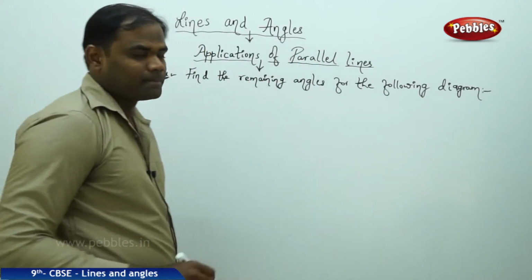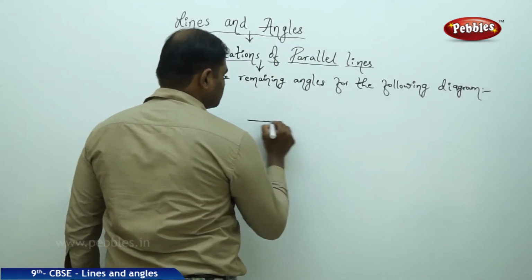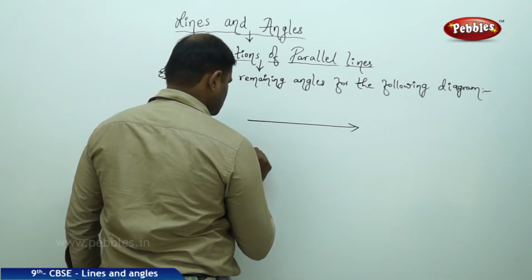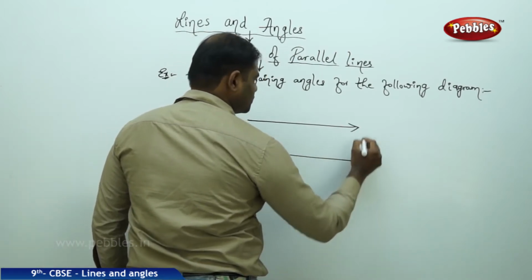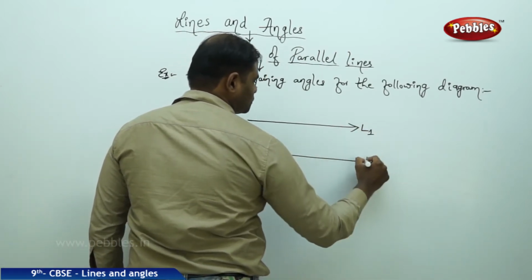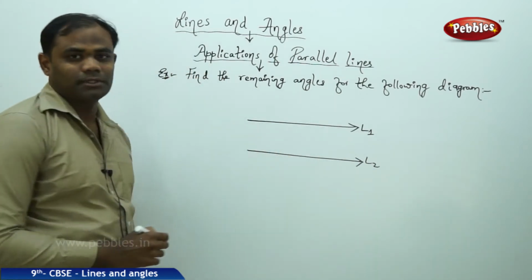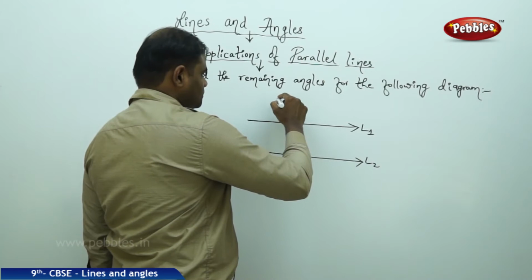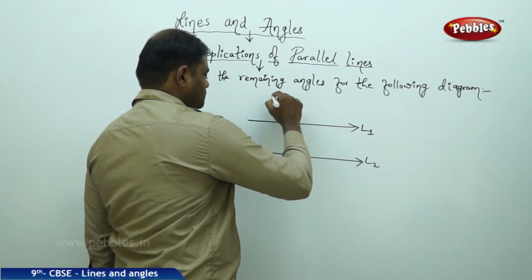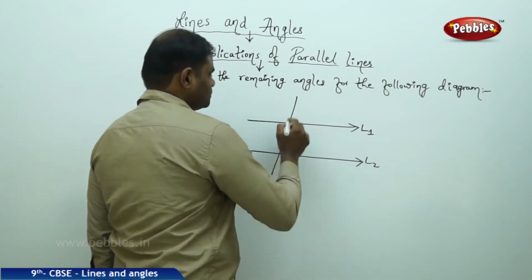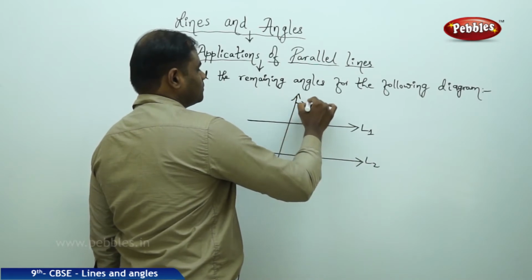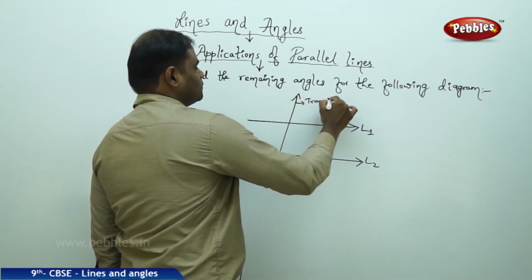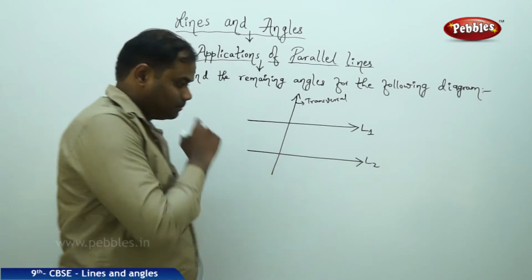So in this case, I have two lines. Say there are two lines L1 and L2 which are parallel to each other. And say I have a transversal which is given in the problem.